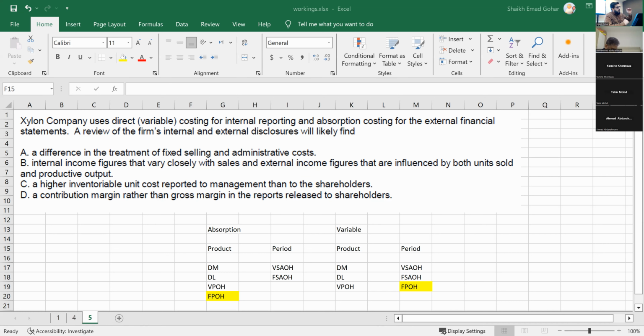Remember, sales minus variable cost is contribution. So this is also wrong, because they are saying you are reporting contribution margin to the shareholders. No, because to the shareholders we will report gross margin. You got the story. So what's left? B. Now you see B is correct. Why? Who will explain? Why is B correct?